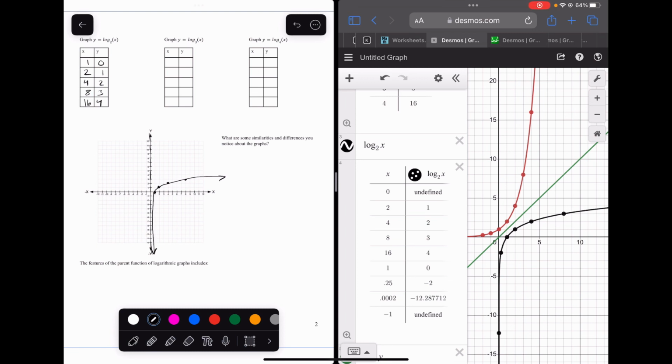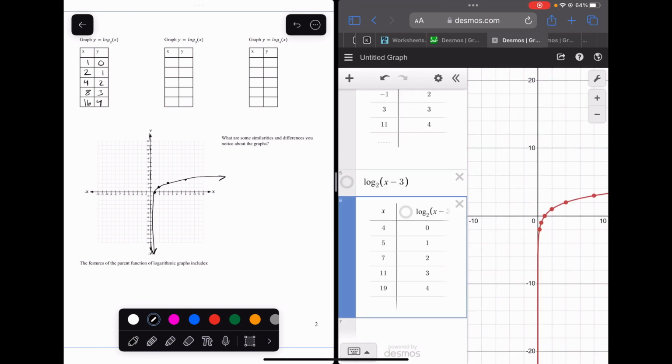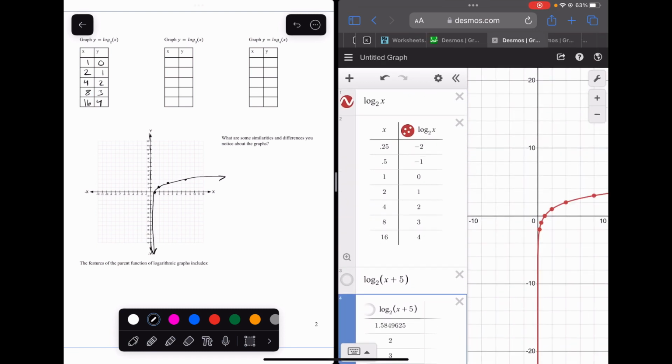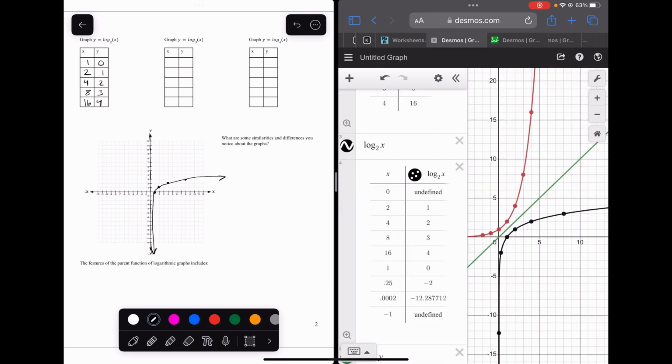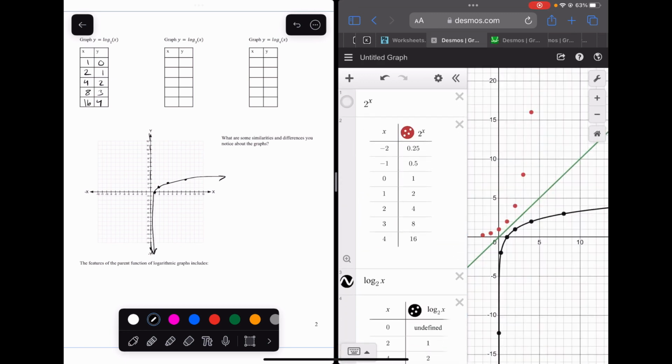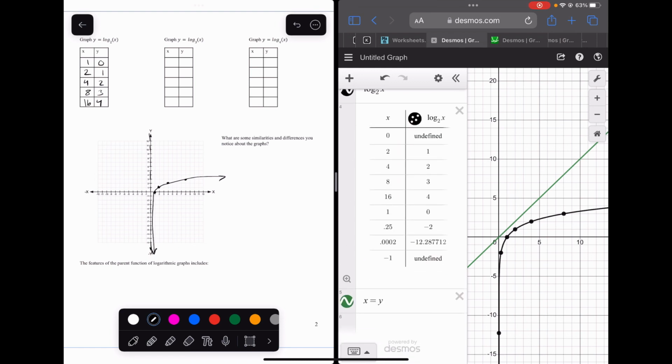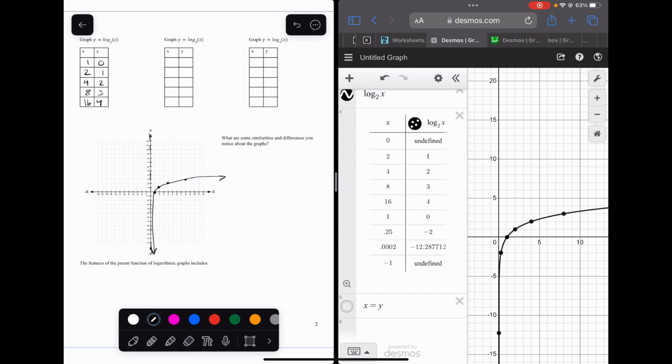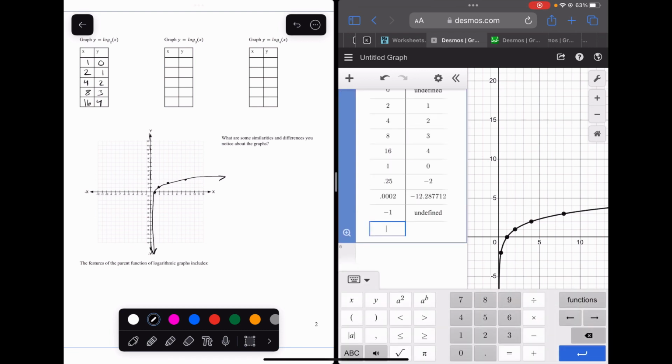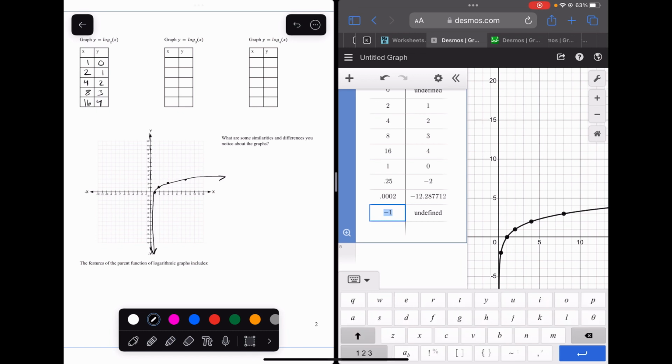Now let's go ahead. We are going to graph log base. Let's see, I'm going to take all these guys off. All right, so that was our graph of log base 2 of x. Now we're going to go ahead and graph log base 3 of x.